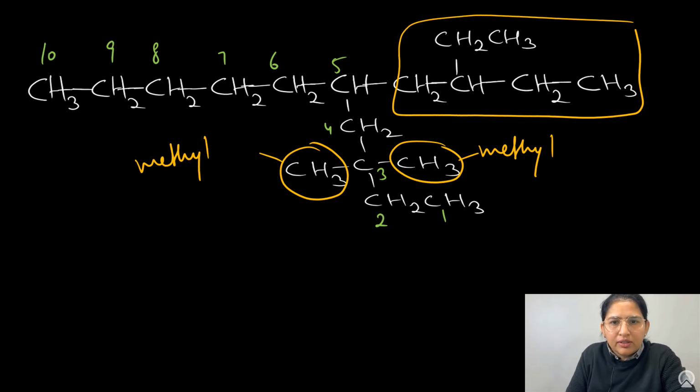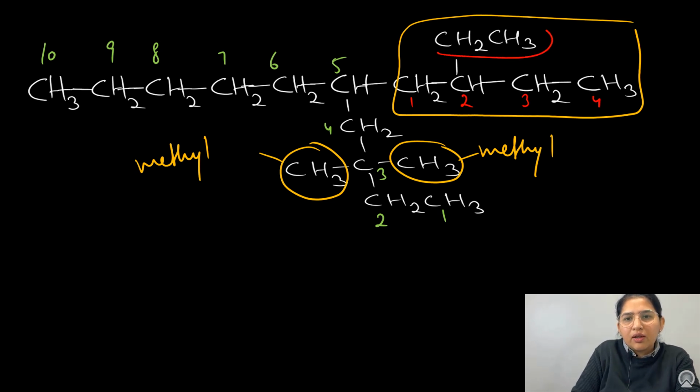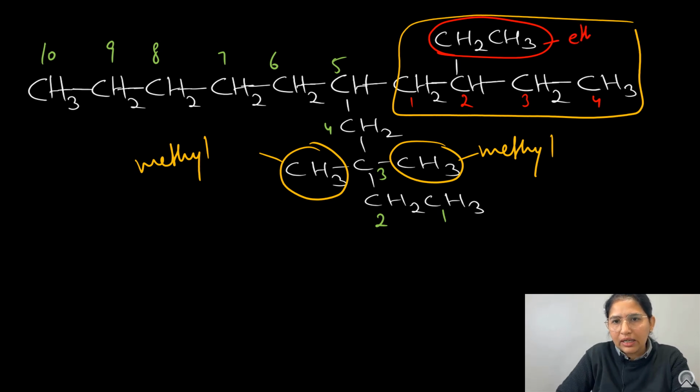Let me change the color. Here we are having 1, 2, 3, 4. 4 carbons with 1 substituted group, that is ethyl. As these 4 carbons are also coming to you as a side chain, it should be written as butyl in total because it's also a side chain.